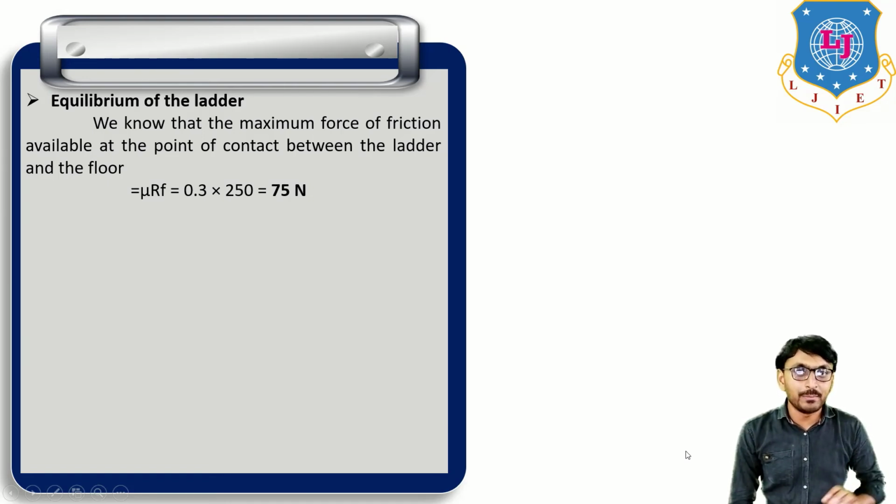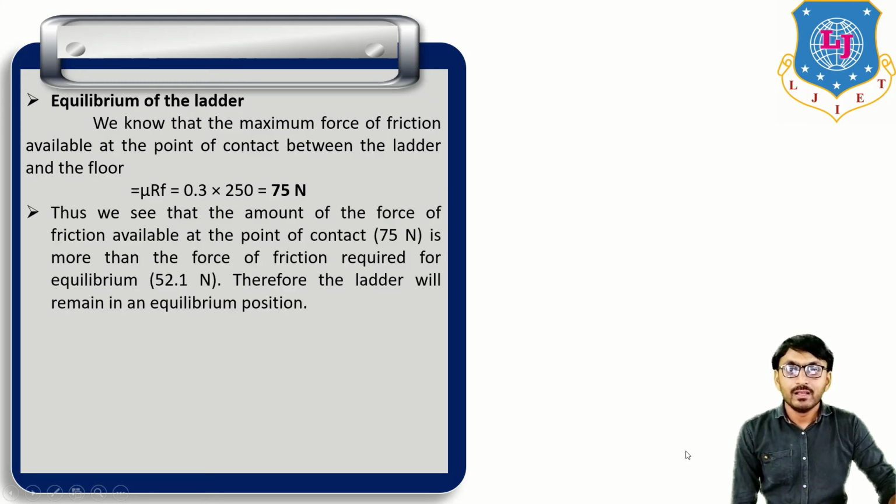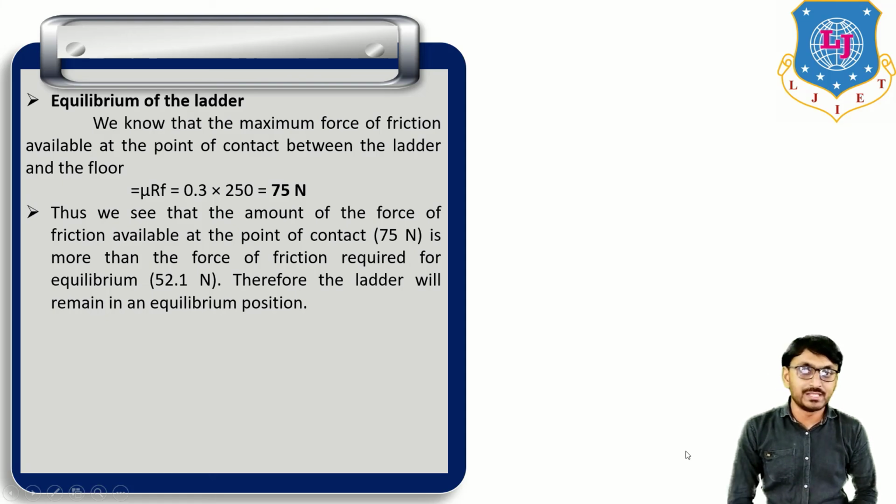Mu is 0.3, where mu means coefficient of friction. So 0.3 into 250 is equal to 75 Newton. So we see that the force of friction available at the point of contact, 75 Newton, is more than the force of friction required for equilibrium. Therefore, the ladder will be in equilibrium position.